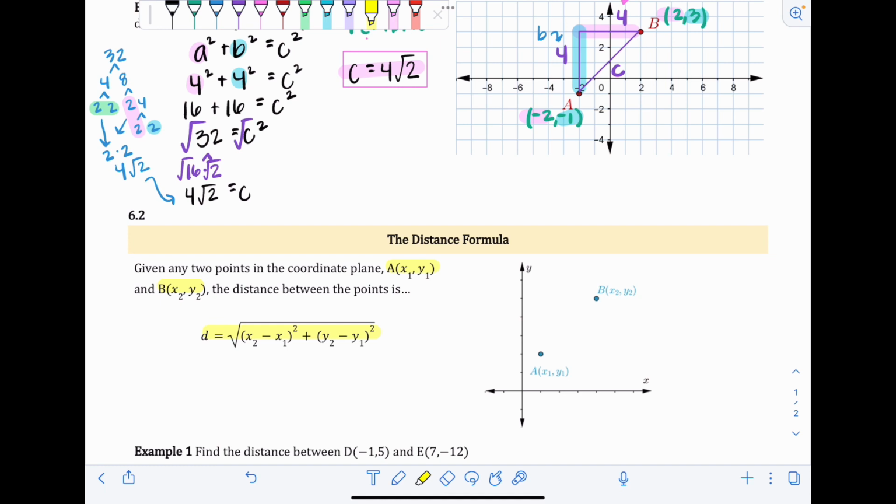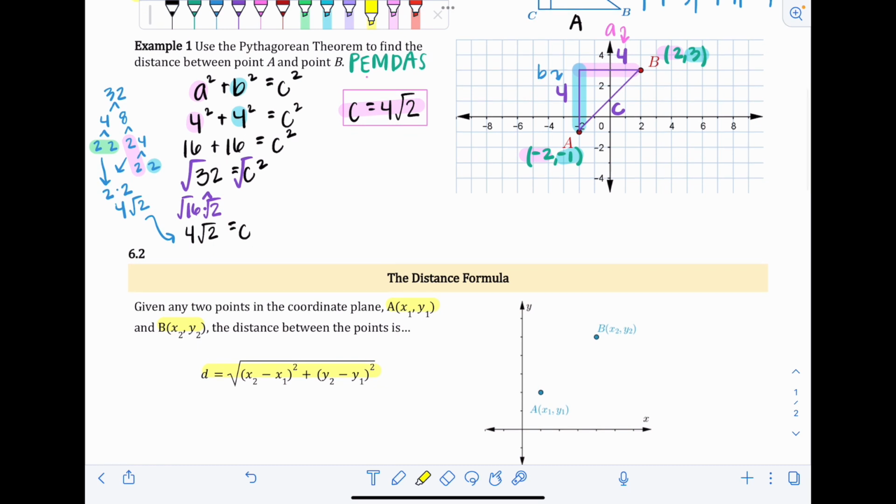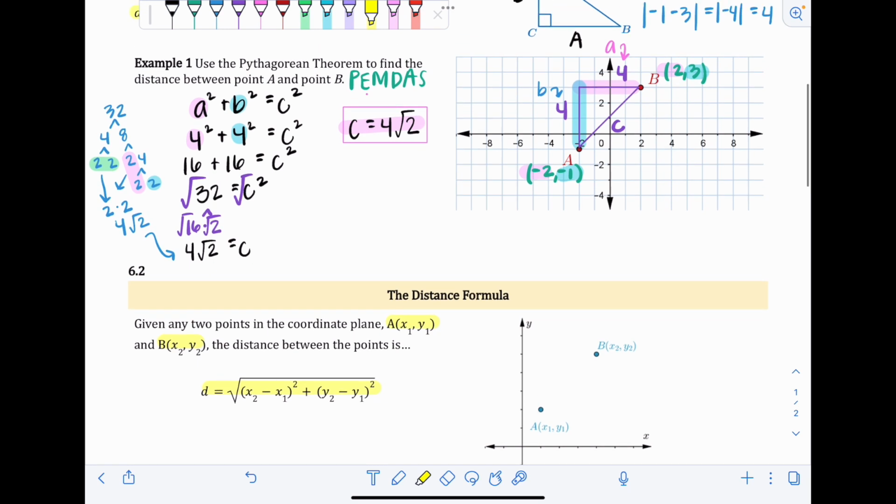Before we get started on the example, I want to show you how you can get from the Pythagorean theorem to this formula. You don't have to write this down, but it's nice to know. The Pythagorean theorem is a squared plus b squared equals c squared. If I start to isolate just the distance, in our problem above the distance was c, and that's always going to be the case when we're solving for the hypotenuse, the distance between the 2 points.